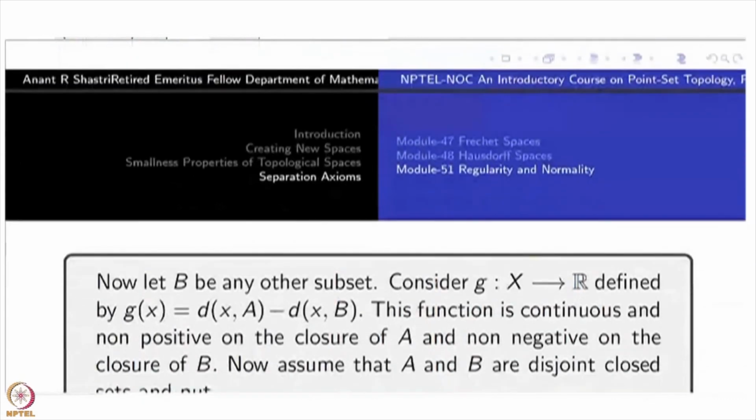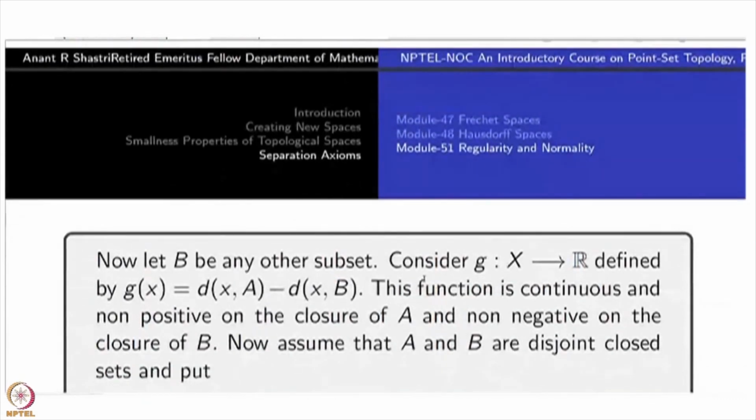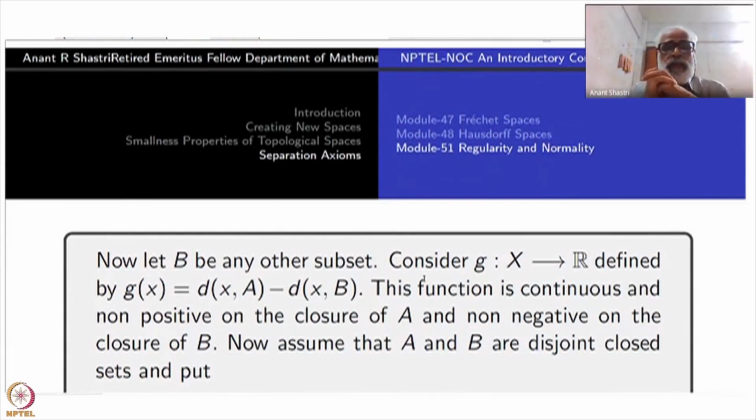Now let B be another set. Consider the function g from X to R defined by g(x) equal to d(x,A) minus d(x,B). For A and B, we have defined d(x,A) and d(x,B). Take the difference. I have no speciality here. First I took A, and then I am taking B. Otherwise, I could have taken d(x,B) minus d(x,A) also, as good as this one.